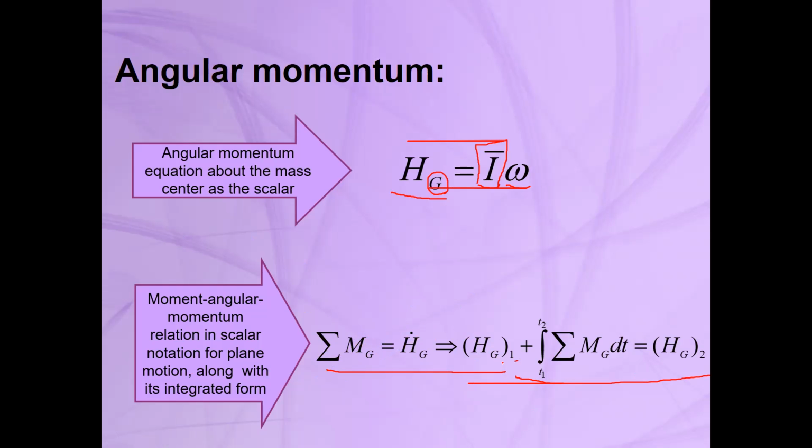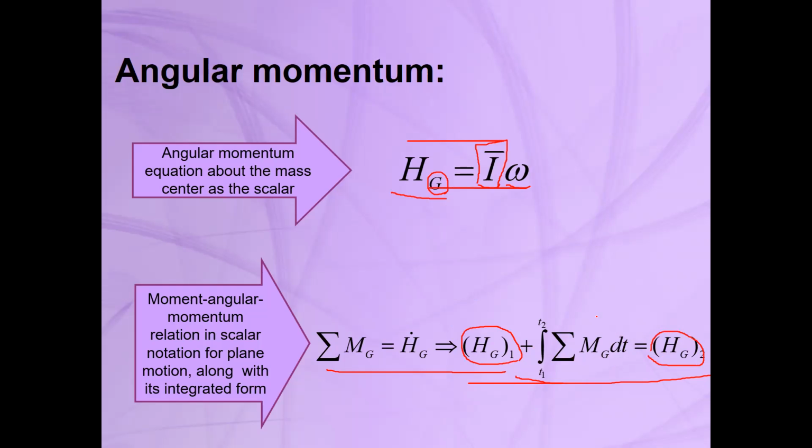Again, the angular momentum in the initial condition plus the angular impulse moment is equal to the final angular momentum, H G sub 2.